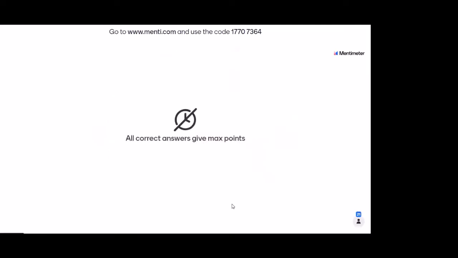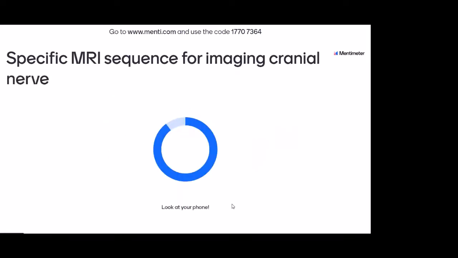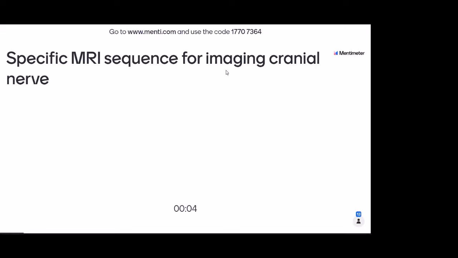So I am now starting the countdown, and you can look at your phone and type the answer. So you have 30 seconds to type the answer. And time's up.